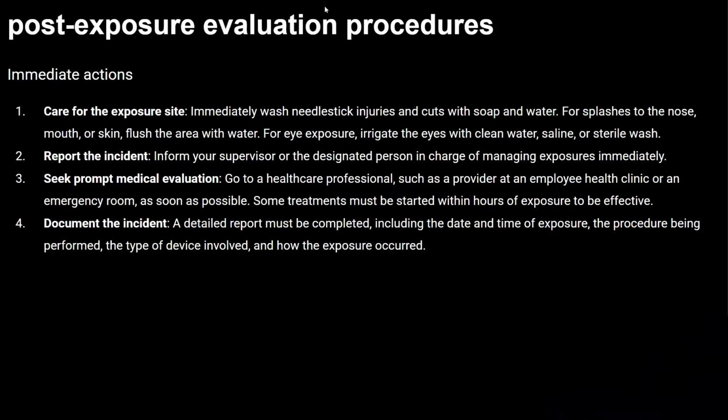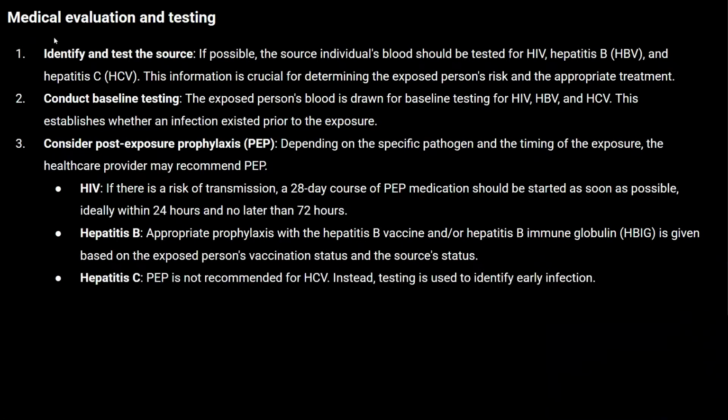Very, very important. So regarding the medical evaluation and testing, when you get a needle exposure or a sharp instrument cut on you, the first thing you need to know is to identify the source individual of the blood, and whether that person has been tested for HIV, hepatitis B, hepatitis C. If that person is a carrier, then there's a next step that gets involved.